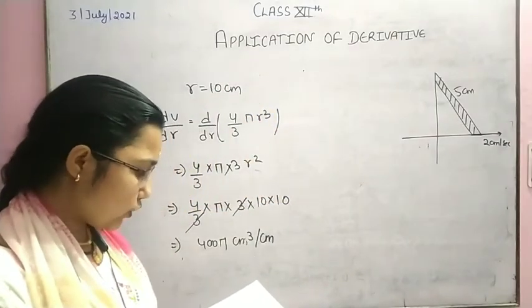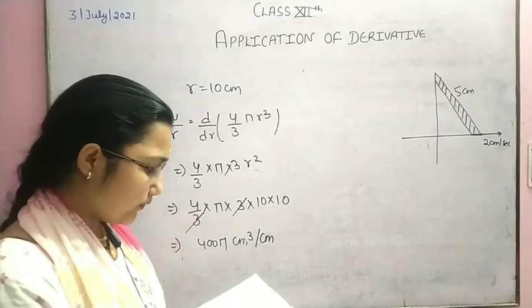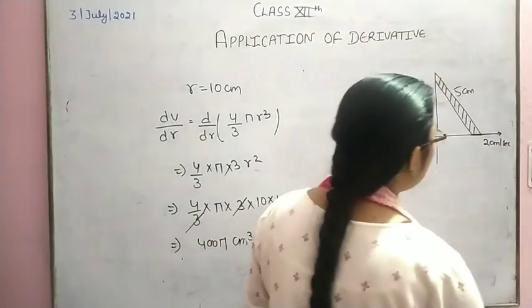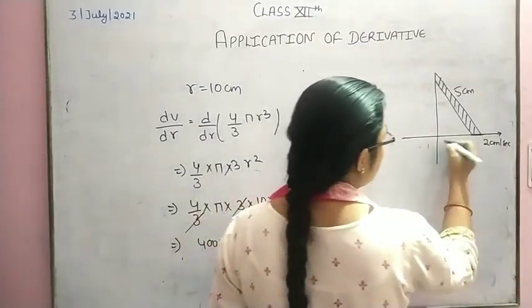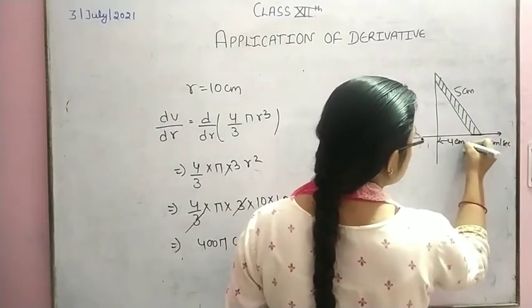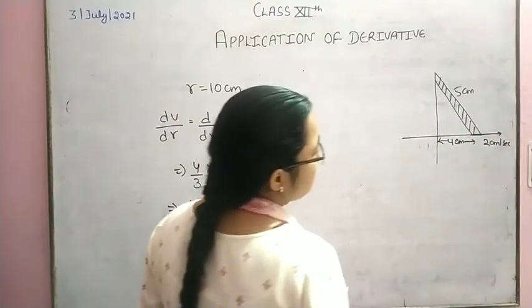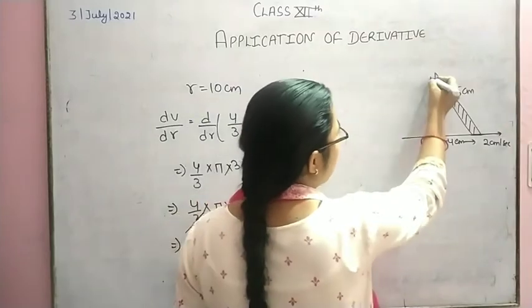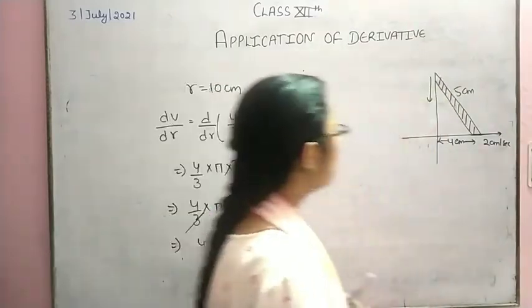How fast is the height on the wall decreasing when the foot of the ladder is 4 centimeter away from the wall? Suppose at the point the foot is 4 centimeter, and we have to find the decrease of height.